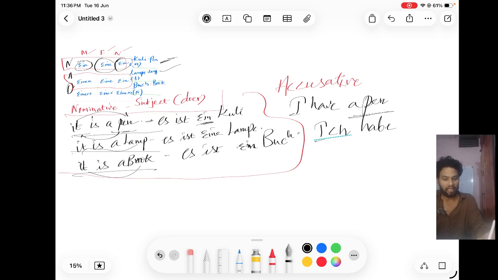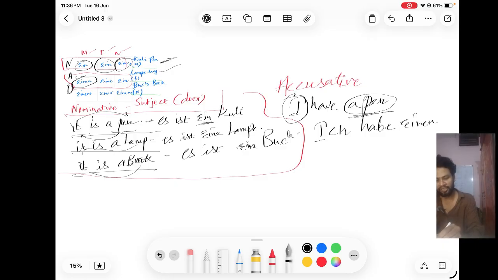Ich habe. Here the pen is masculine, but I is the subject now, not the pen. So now the pen is the object. Masculine direct object in accusative is einen, E-I-N-E-N. Einen Kuli. Is it clear? Before it was ein Kuli, since we were talking about only the pen, but here we have two different objects.